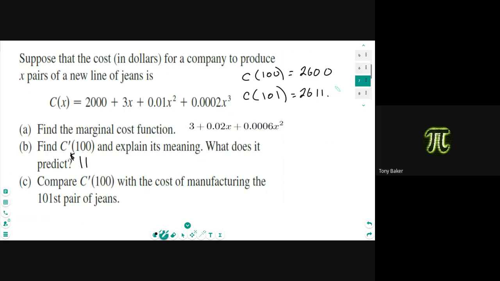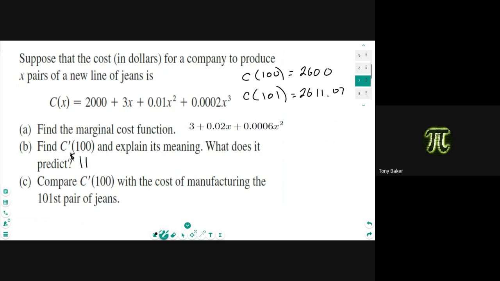What's the difference? It wasn't exactly 2611. There was a reason I knew it wasn't exactly 11, because I knew these two numbers were not exactly the same. But it's very close. So that's basically why we can use the derivative instead of doing out all these calculations. We can use the derivative, find that marginal cost to determine it.